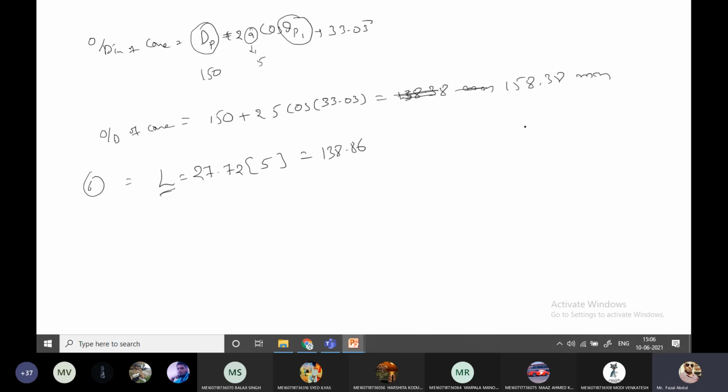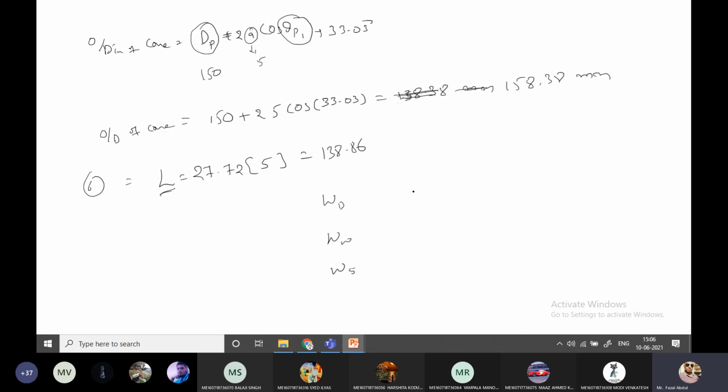Additionally, if the question asks whether the design is safe or not, I separately calculate the dynamic load, wear load and static load.